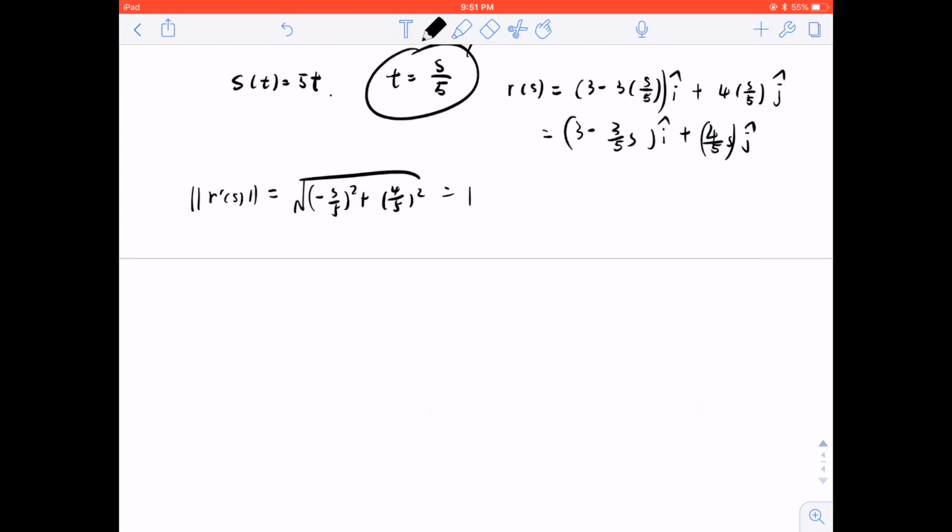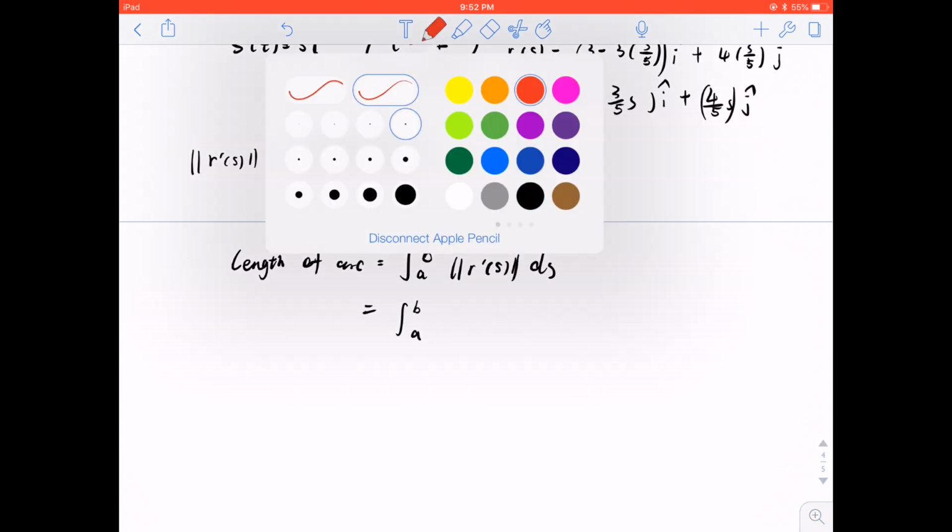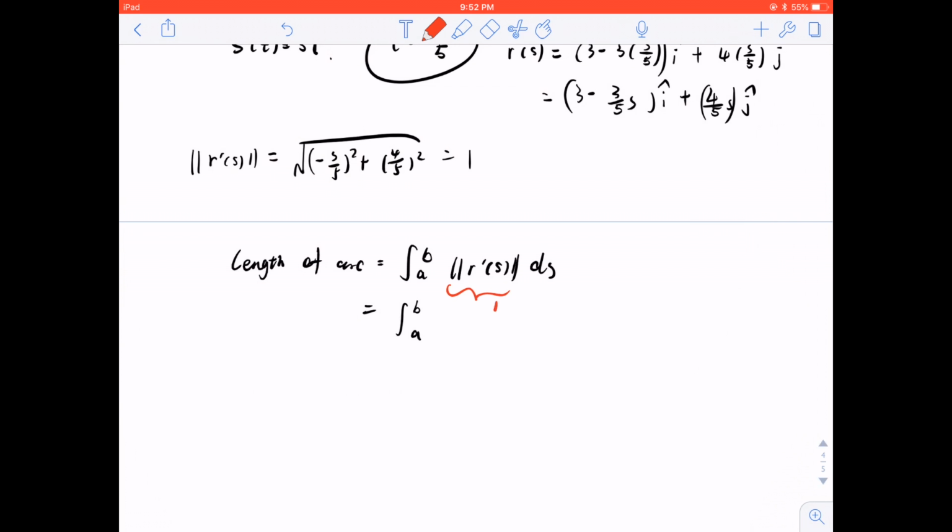And one advantage of this is that for a smooth curve C represented by r(s), where s is the arc length parameter, the arc length between a and b is computed knowing that the magnitude of the derivative is always going to be 1.